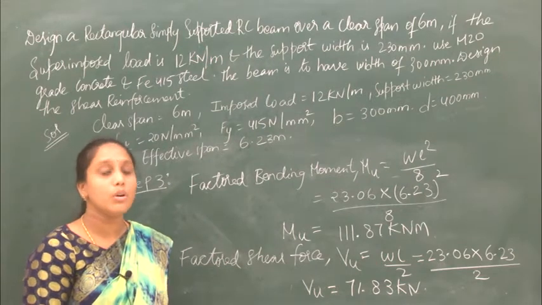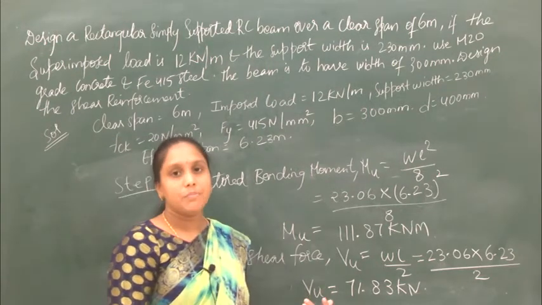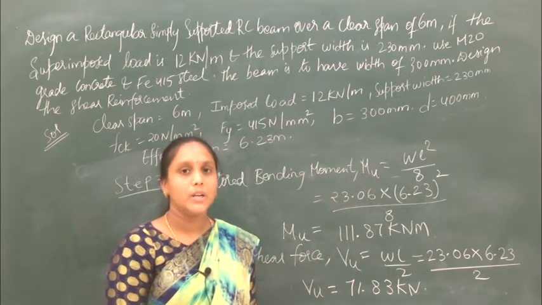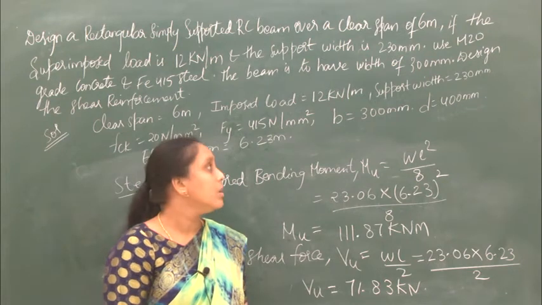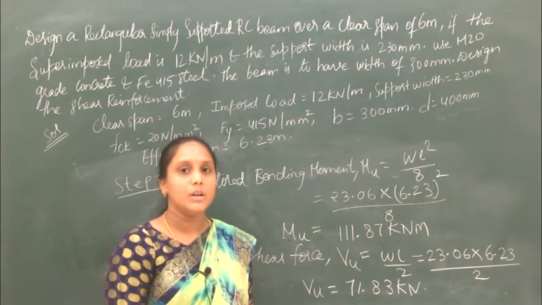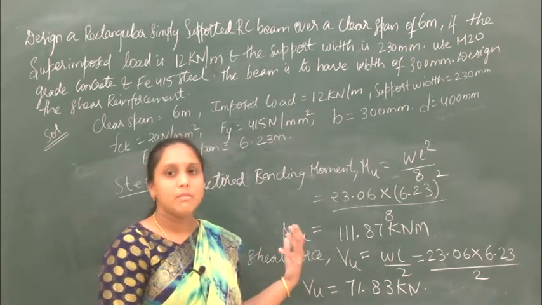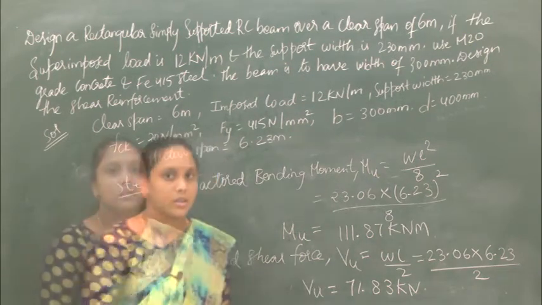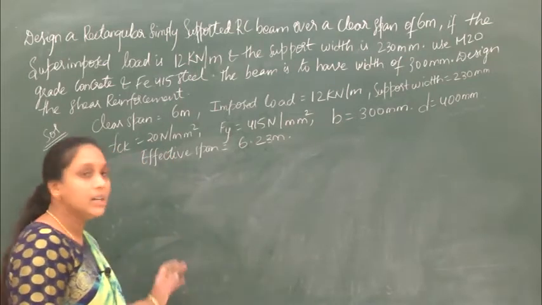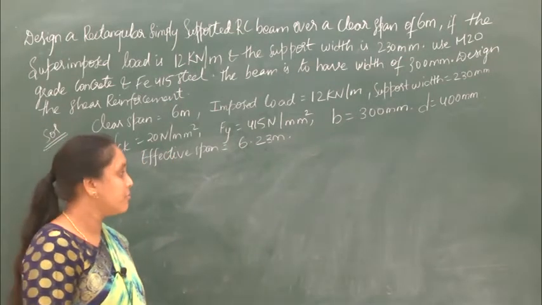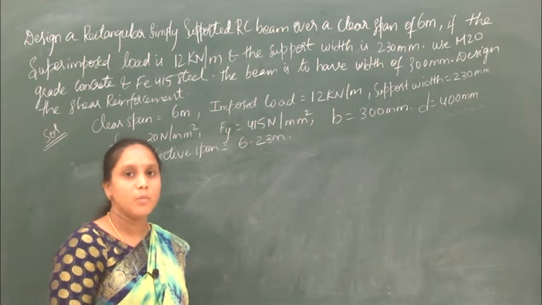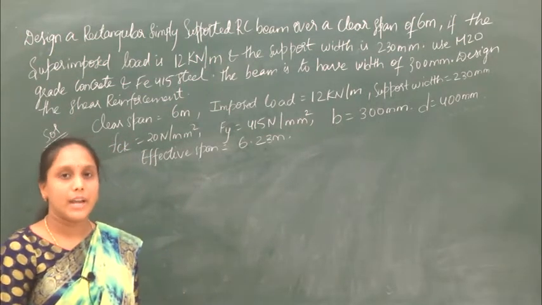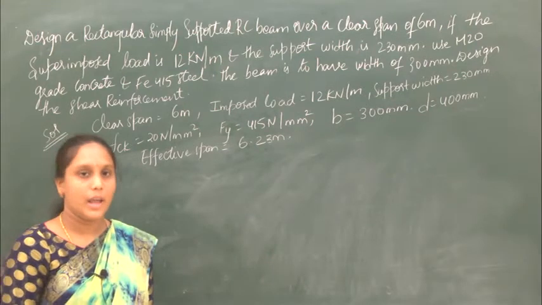We are going to find out whether the effective depth we have assumed is adequate, and we are going to find out the Mu limit value to know if the beam is singly reinforced or doubly reinforced. Now let us calculate the required effective depth D for carrying the bending moment Mu.